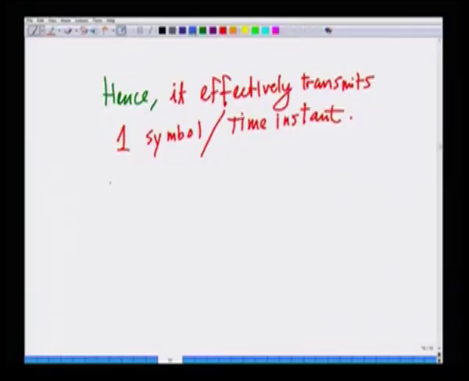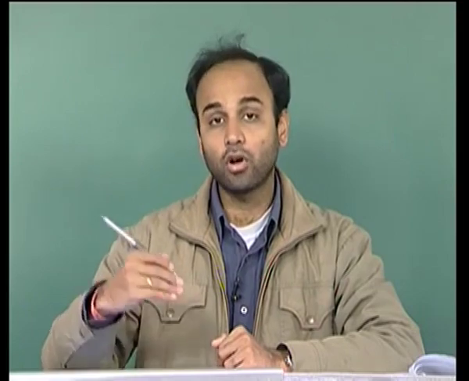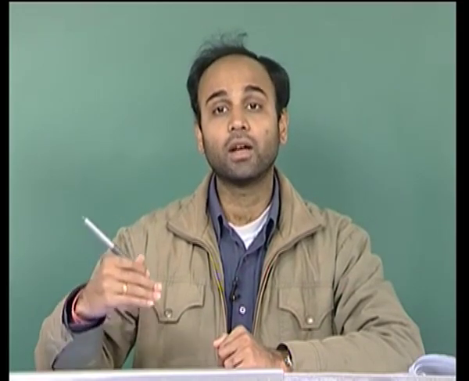Hence, it is termed as a rate r equals 1 code. Hence, Alamouti code is essentially termed as a space time block code, an orthogonal space time block code with rate equals 1.